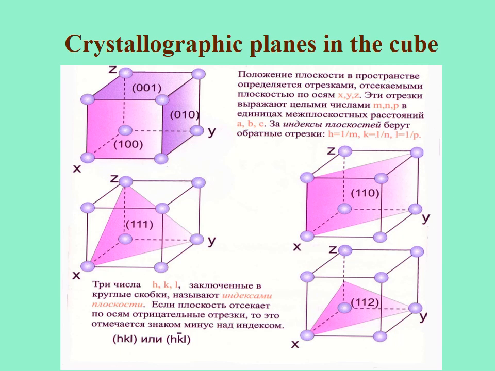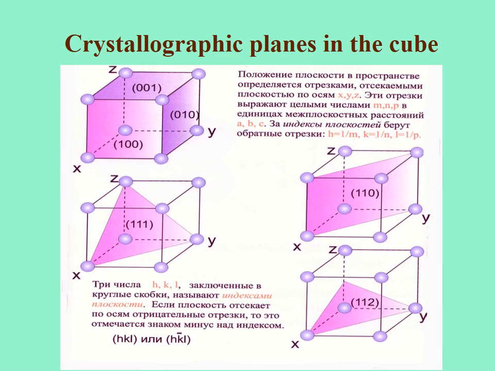This plane Z, O, X has the symbol 0, 1, 0, and the plane X, O, Y is the same, because this plane is parallel to this plane, and has the symbol 0, 0, 1.